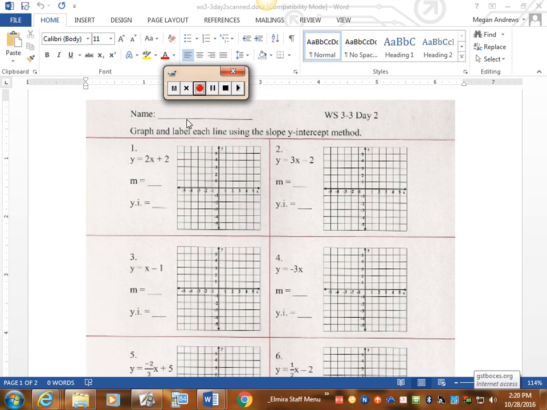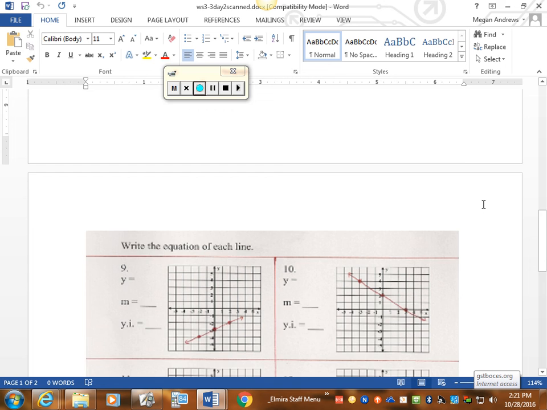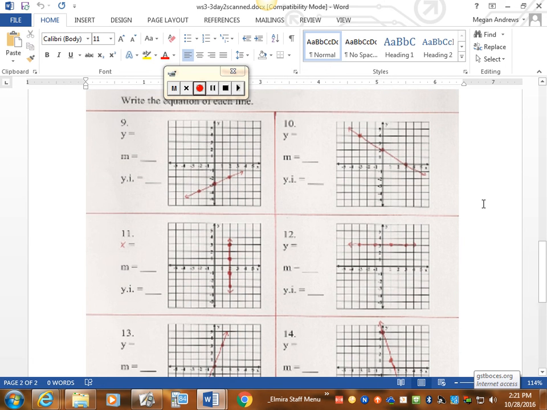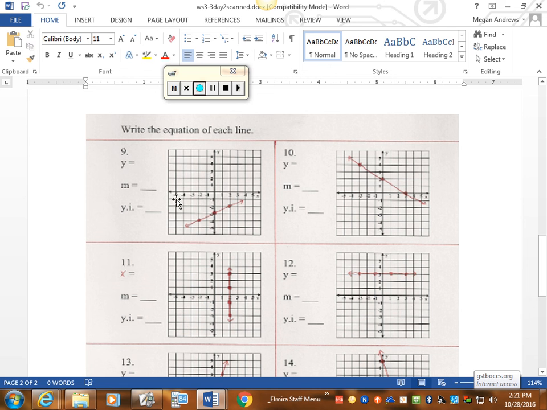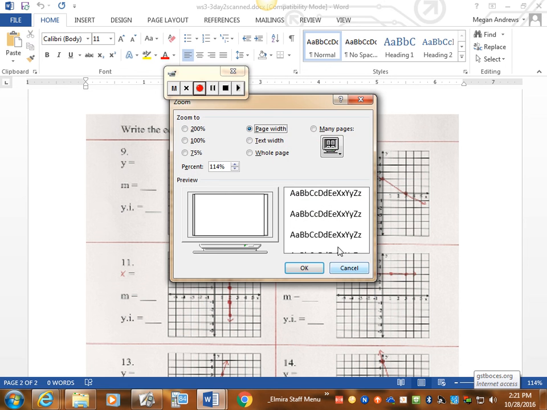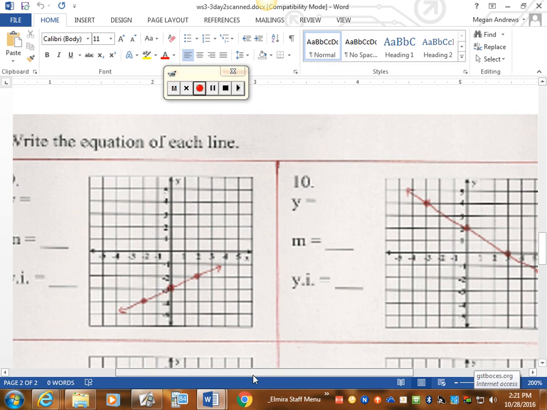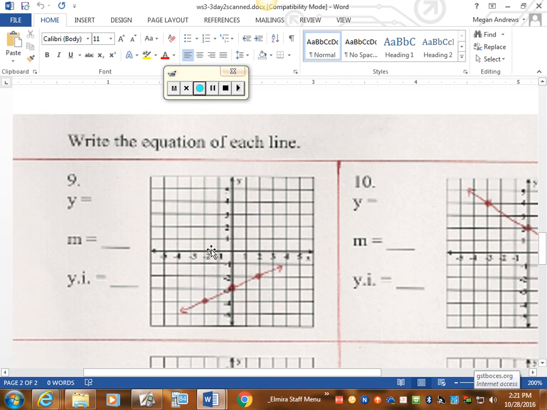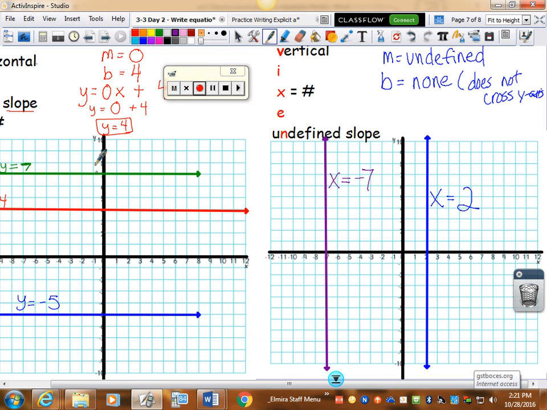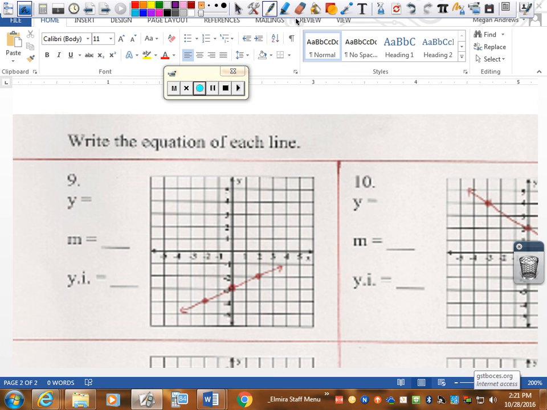So if we were doing a homework problem, just so you're aware, the whole front side of your homework is more practice doing the graphing, which is 3-3 day 1 kind of lesson stuff. But the back of your homework is where we're doing what I was just describing. It says write the equation of each line. So the order in which you're going to do this, this is really fuzzy and I'm sorry, it does not blow up well. If I was doing a homework problem, the y equals part I'm doing very last.